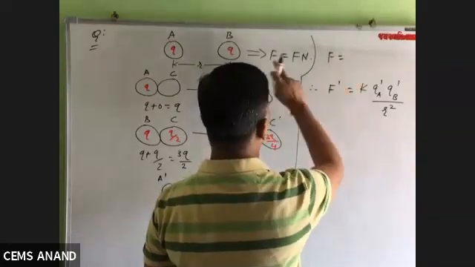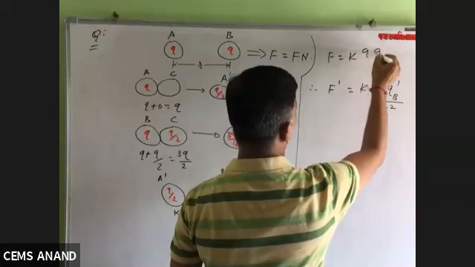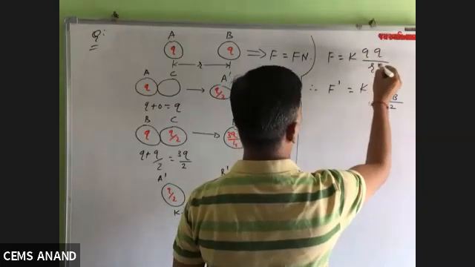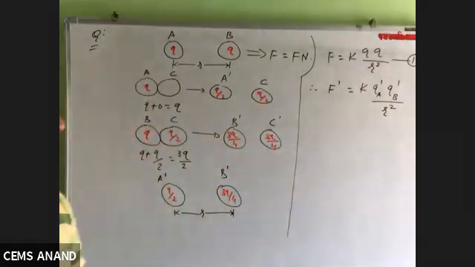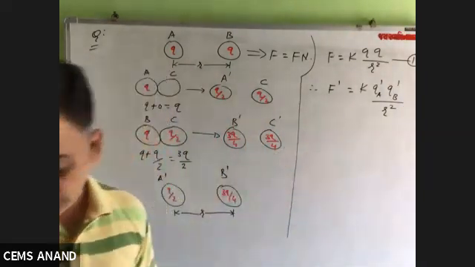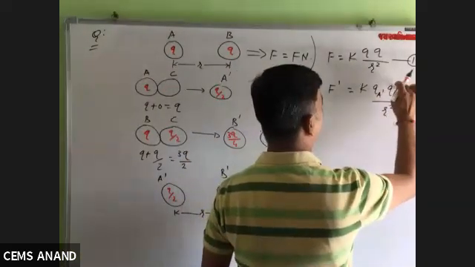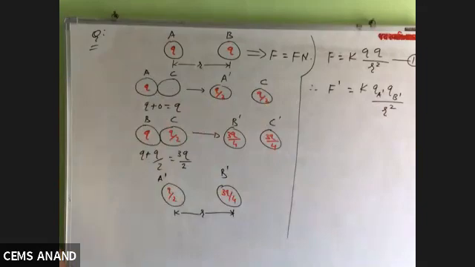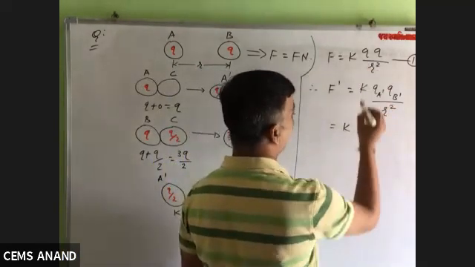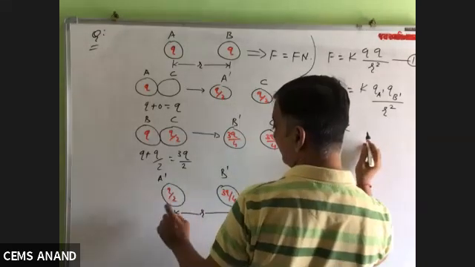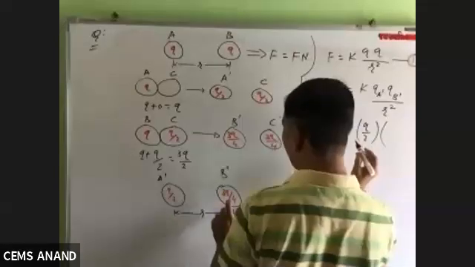Once again, what is the formula in the initial stage? It's K Q Q by r square. This is our first formula. Now it is for the newly prepared spheres after contacting. So it is K. What is Q A dash now? It's Q by 2. What is Q B dash now?